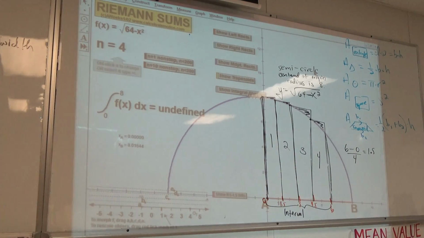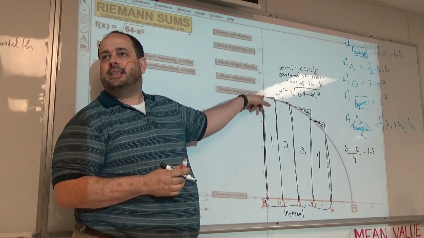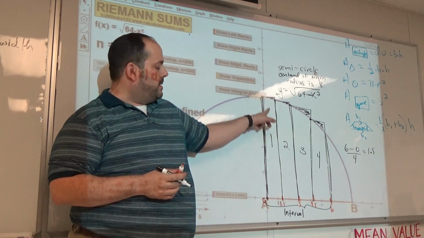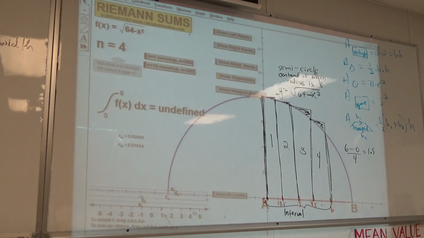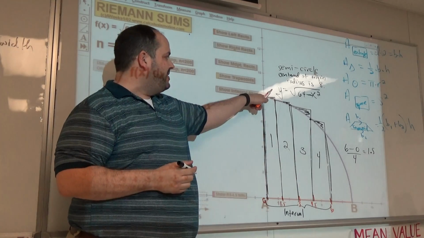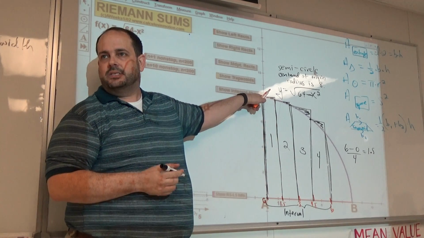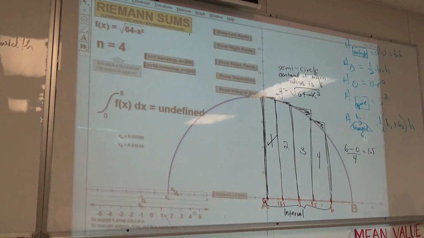How tall? 8. The first rectangle is easy. You can see that it has a height of 8. But rather than writing it as 8, I'm going to write it this way. It's 1.5 times f of 0. Stay with me just for a second. It's the y value on the function when x is equal to 0. That's the first rectangle.